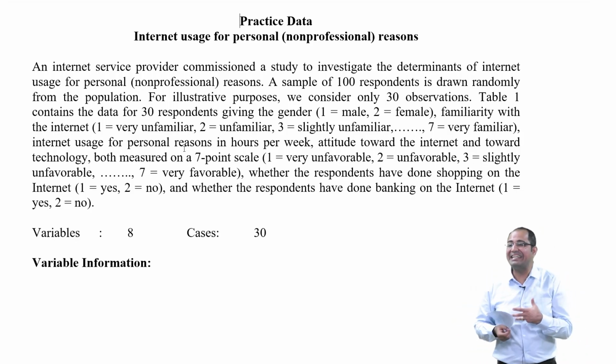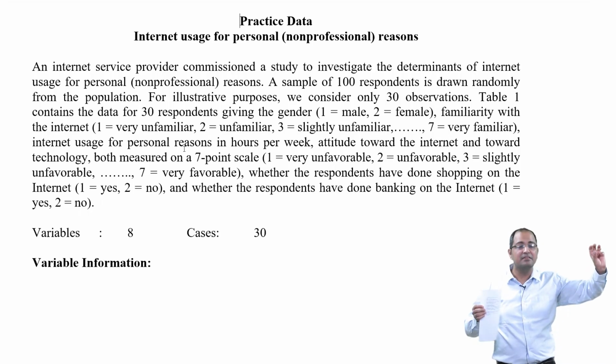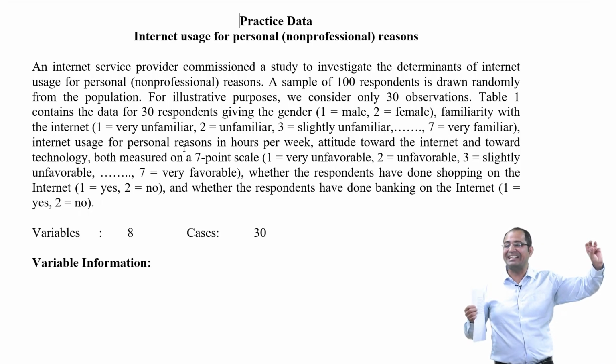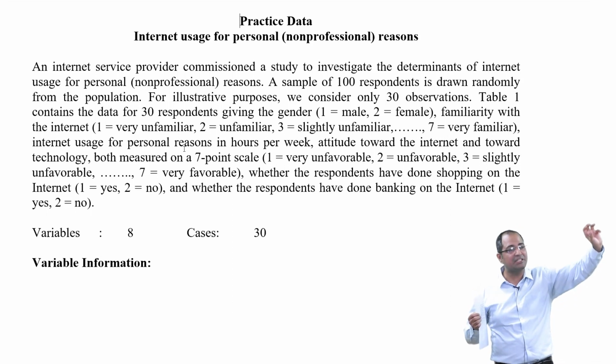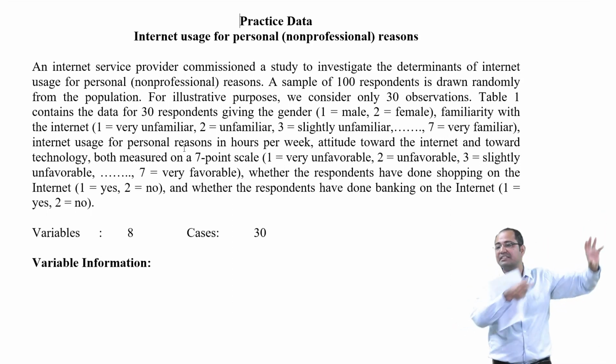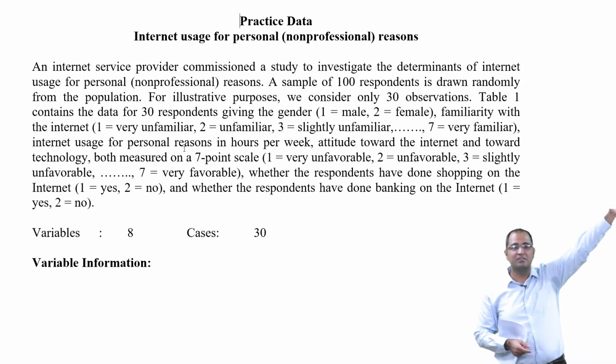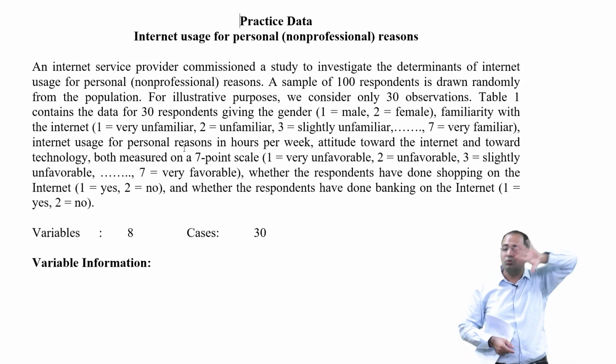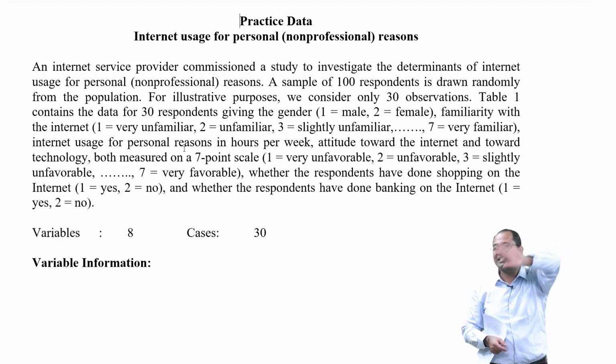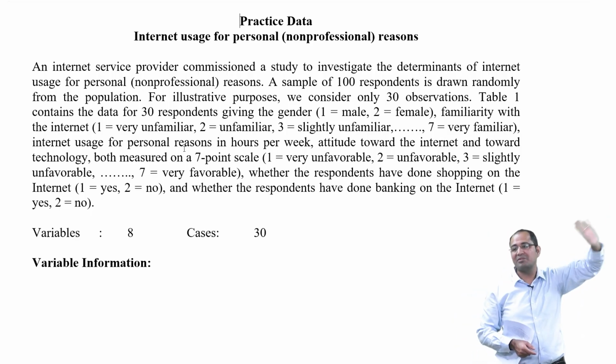Like in this case, green tea consumption: if you know what explains green tea consumption, as green tea consumption increases, what is the variable that is associated? Let's say as income increases, green tea consumption increases. Which means you will want to sell it to higher income groups because they consume more.